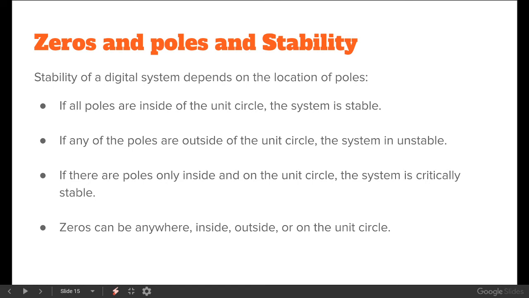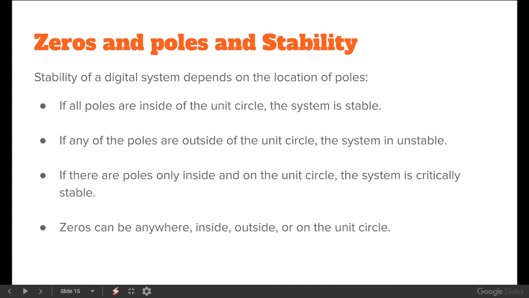stable. If they are on the unit circle, then we call it an oscillator, meaning a critically stable system. It has gain 1 for that frequency. Zeros can be anywhere for stability's sake.